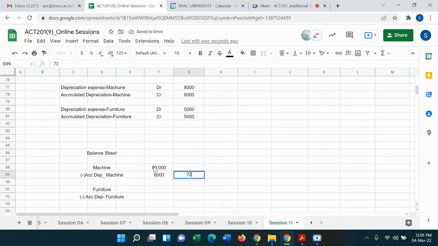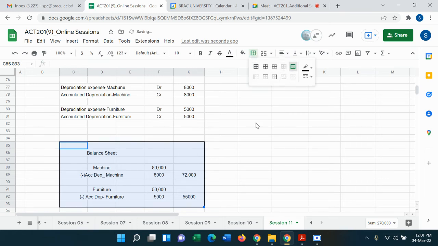So the book value would be 72,000. Similarly, for furniture, the value of the furniture was 50,000, depreciation was 5,000, the value would be 45,000. So whenever we are going to prepare the formal balance sheet, the depreciation will be shown like that.